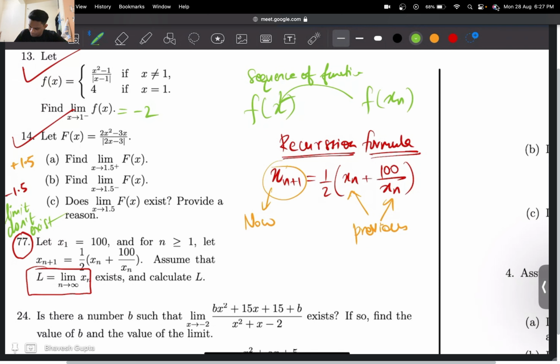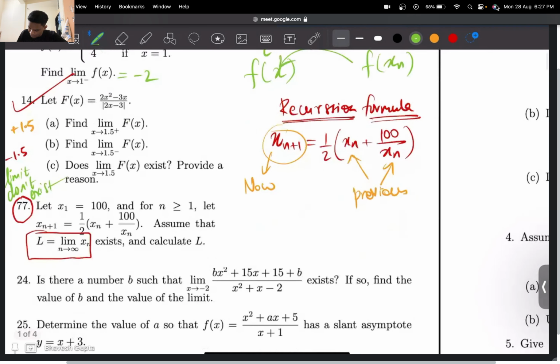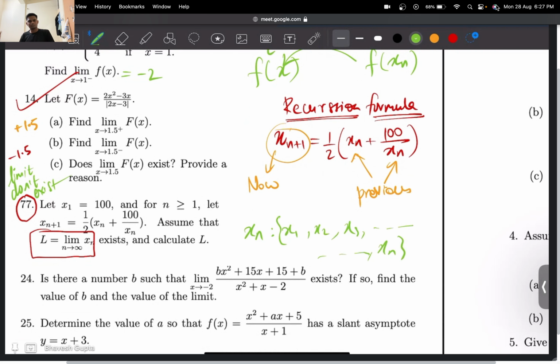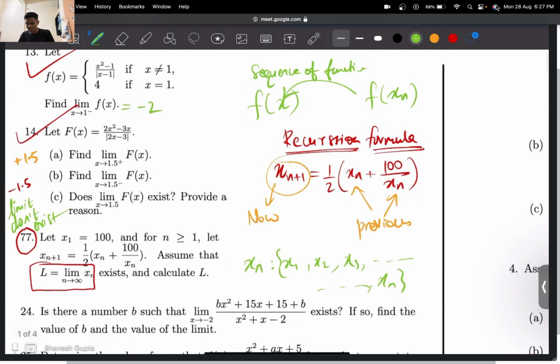So now the discrete inputs, and these xn's are basically my sequence, which can be seen as x1, x2, x3, up to xn. So that's the idea, and the reason why we are interested in this is that it is one of the techniques, one of the methods to approach a limiting value.